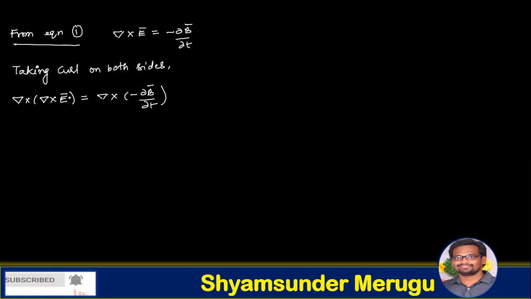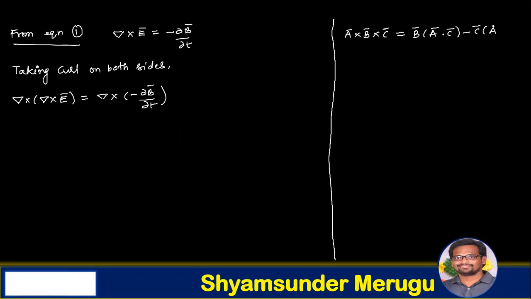By looking at this particular term on the left side, it is in the form of a vector triple product. As we know, the vector triple product is given as A bar cross B bar cross C bar, which can be expanded by the BAC-CAB rule: B bar of A bar dot C bar minus C bar of A bar dot B bar. So this we call the BAC-CAB rule.